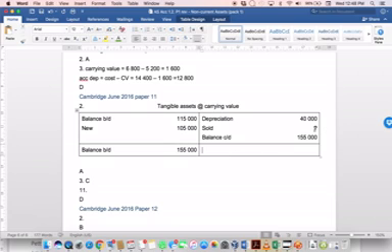And I can now work out that amount as a missing figure by quite simply saying, well, if I want to find out what that amount is, I add these two together and then I subtract those two. So I'm going to say 115,000 plus 105,000 minus 40,000 minus 155,000.